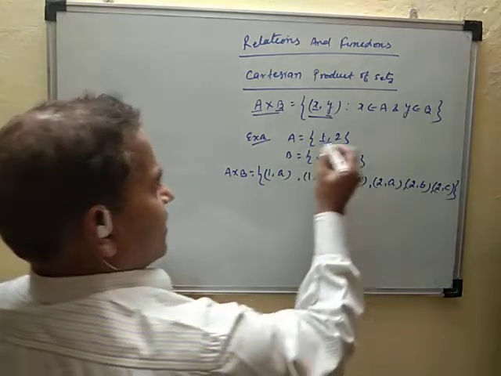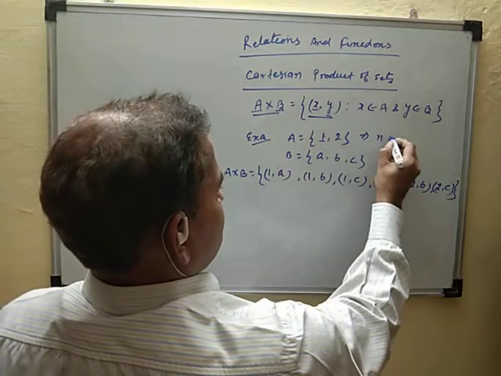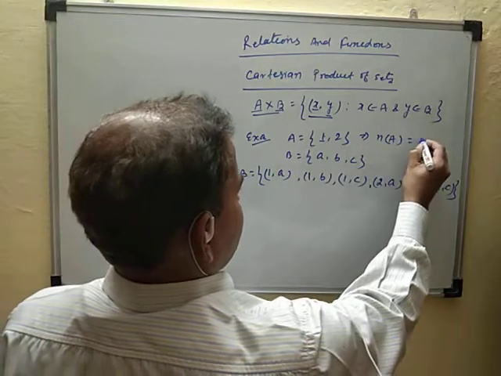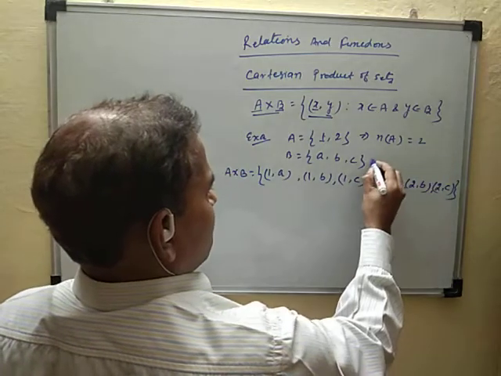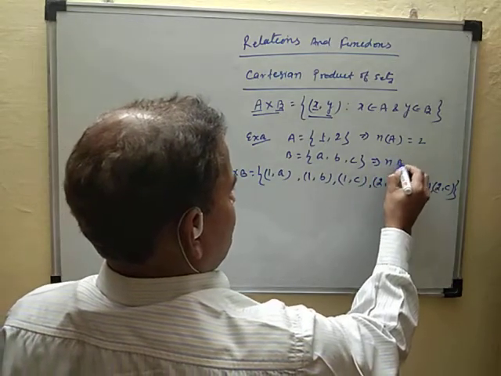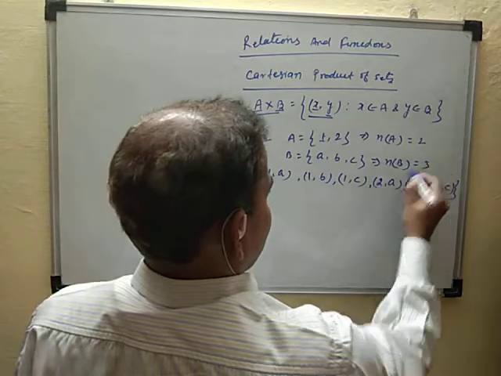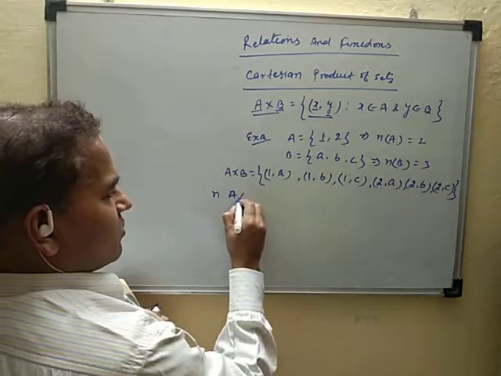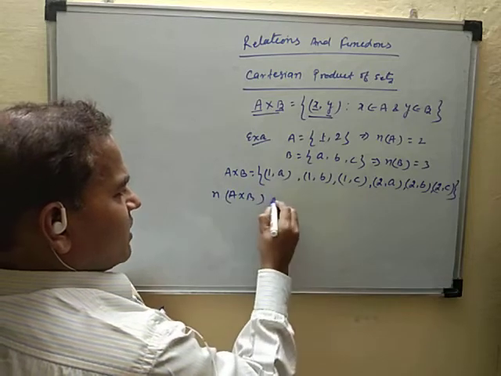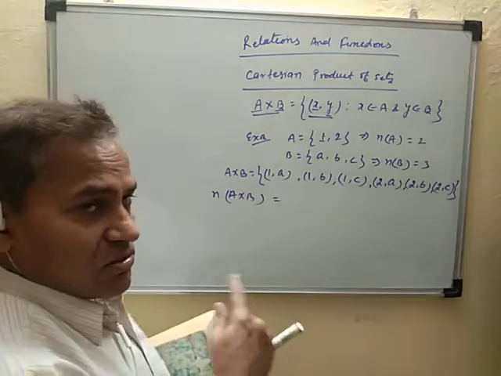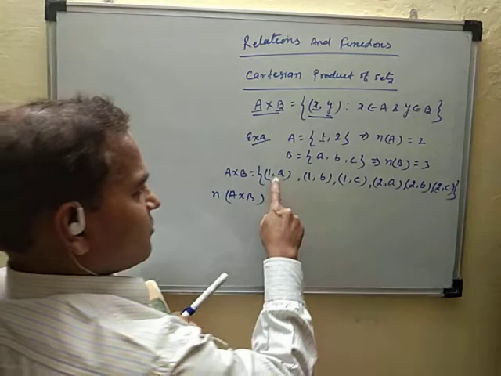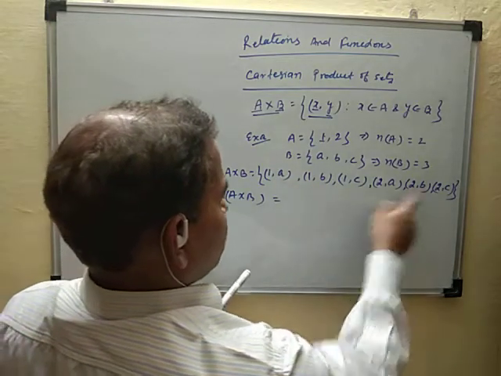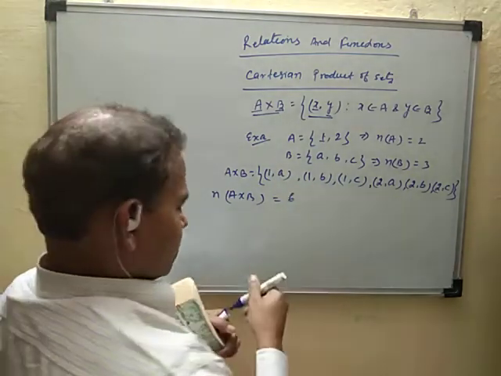So here set A is equal to {1, 2}, so the number of elements in A is 2, and the number of elements in set B is 3. Count the number of elements in A cross B: 1, 2, 3, 4, 5, 6, which is equal to 6.